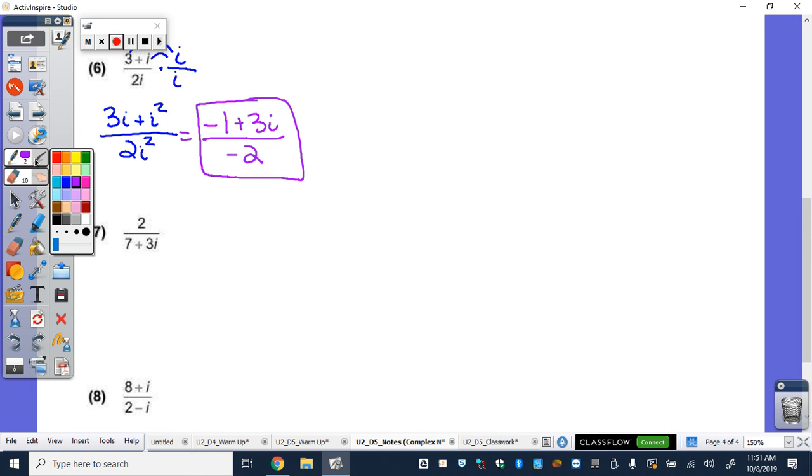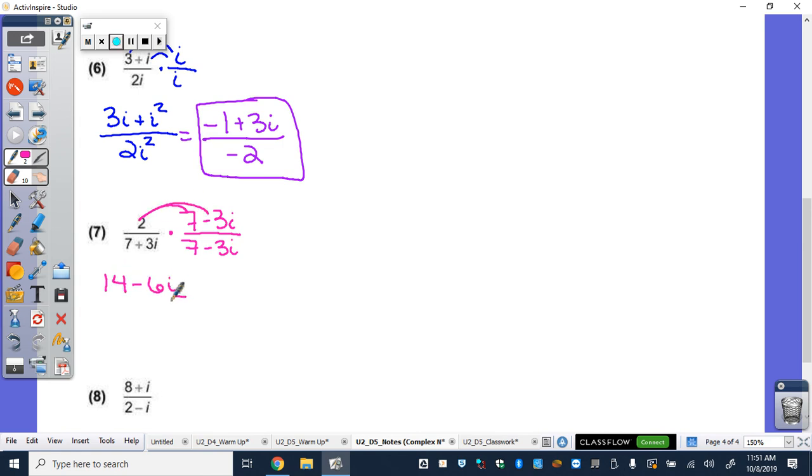Number 7, we have a binomial denominator, 2 terms. So I can't just simply multiply by i. What are we going to multiply by? The conjugate. So 7 minus 3i. So up top, 2 times 7, 2 times negative 3i.